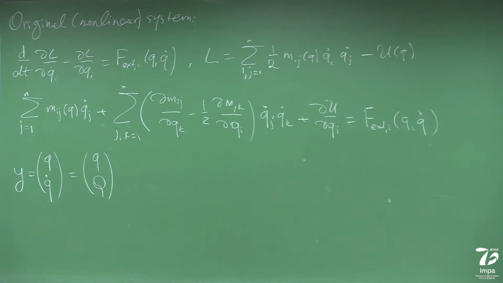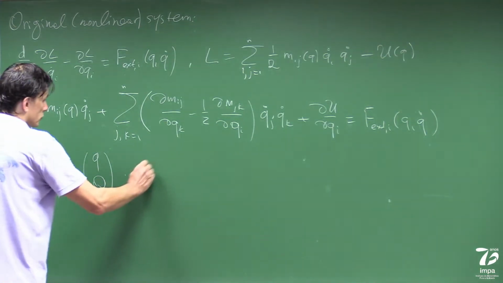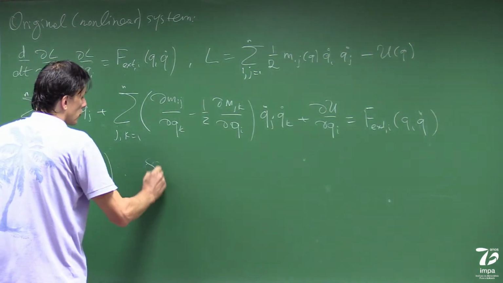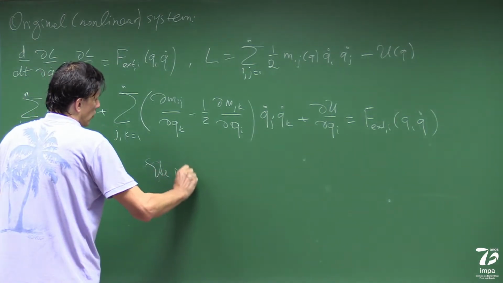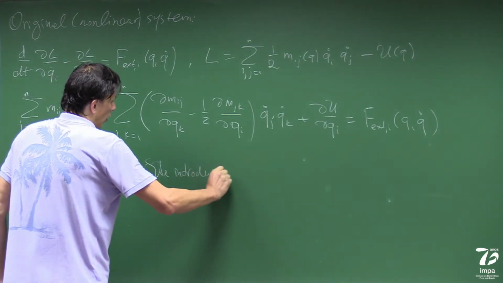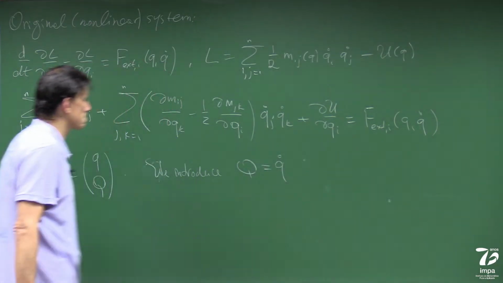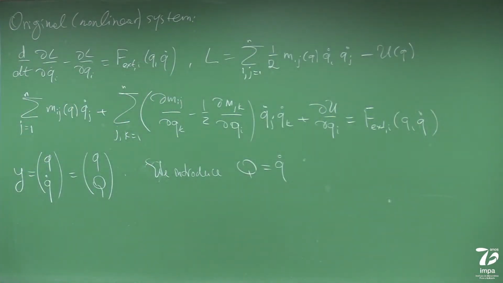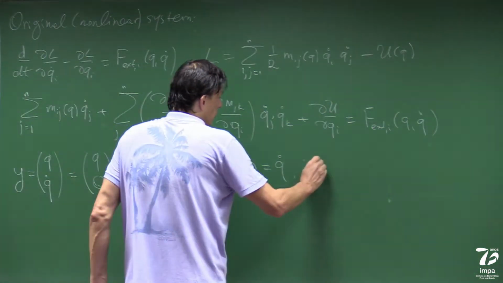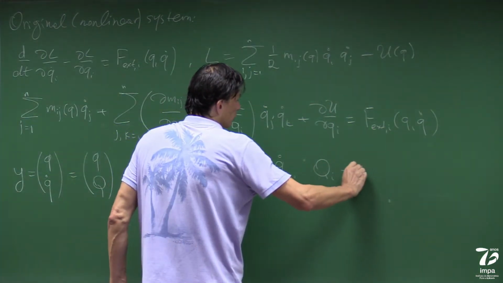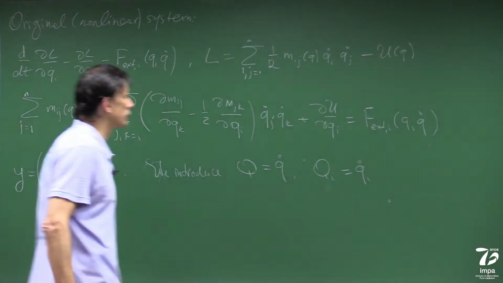In other words, we introduce a notation: Q will denote q dot, so each component is the velocity.